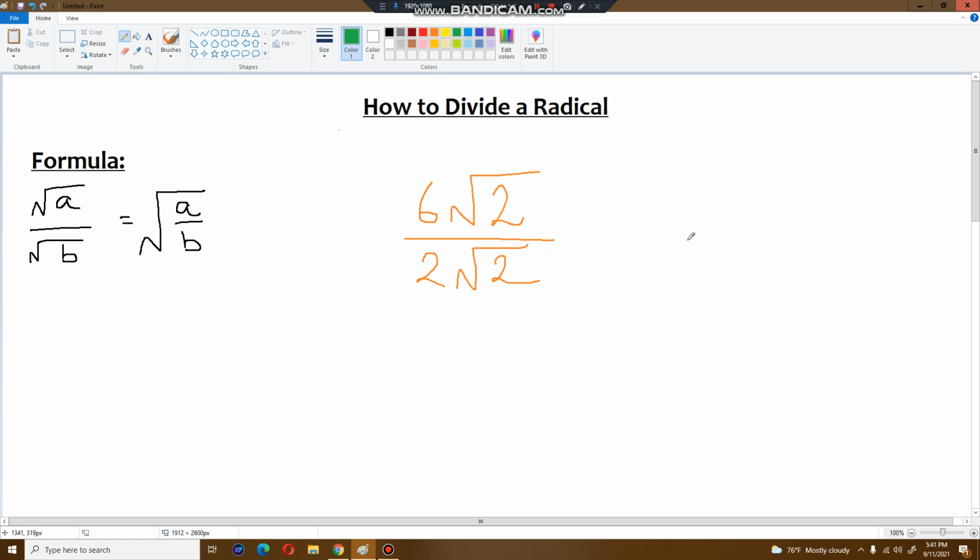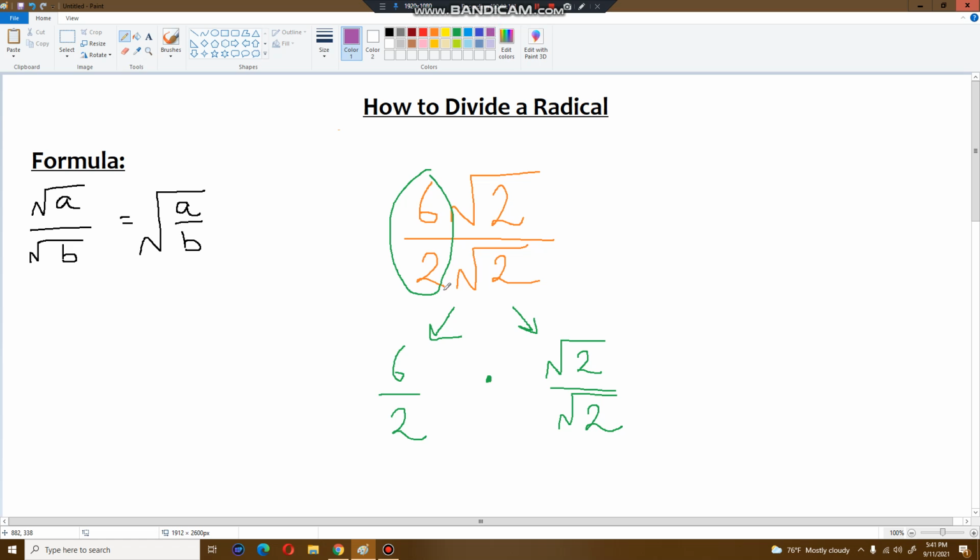Snap this problem into two separate parts. On the left side, you'll have your coefficients, 6 divided by 2. On the right side, you'll have your radicals, in this case radical 2 divided by radical 2. And don't forget, what we're doing is multiplying these things together. That's how you join them up.